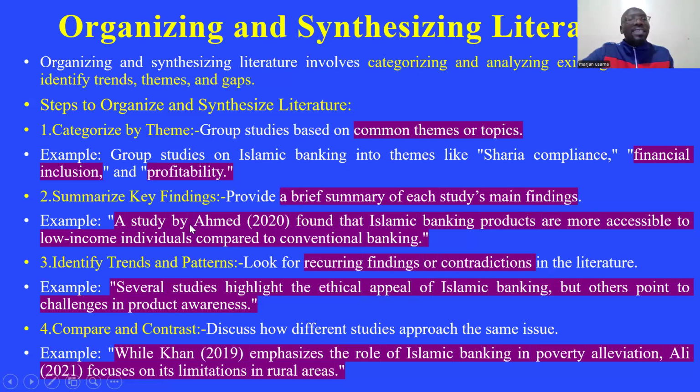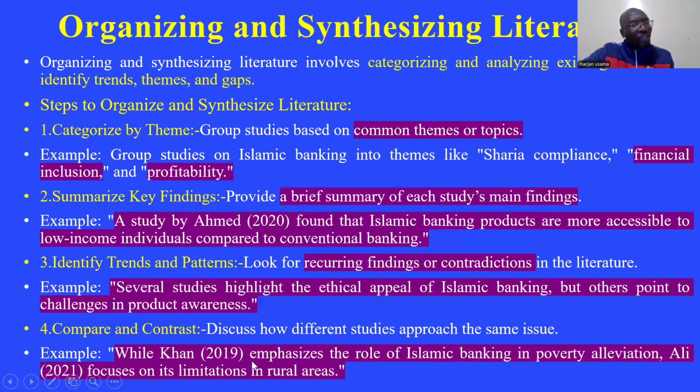For example, a study by Ahmed 2020. This is the APA style. You have the name, you have the year. Ahmed 2020 found that Islamic banking products are more accessible to low income. So this is like a summary. You can also identify trends and patterns. For example, several studies highlight, and so on. You can compare and contrast.